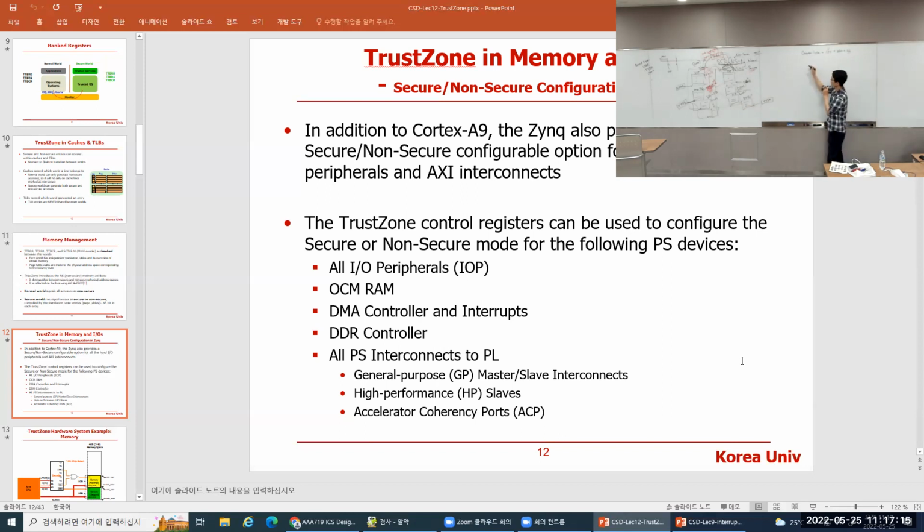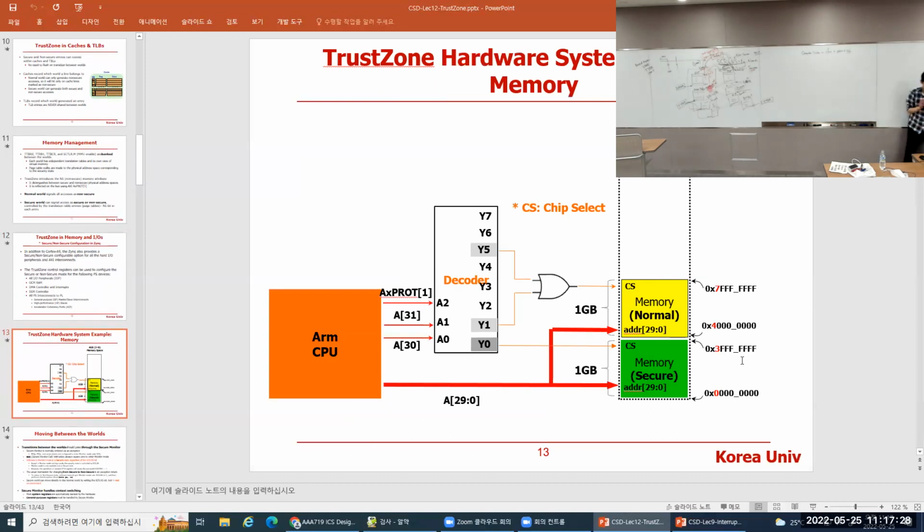So when you license the ARM IP core, then you design this whole computer system. Let me show you one example. This one is showing one simple example. So you have an ARM CPU, 32-bit, right?